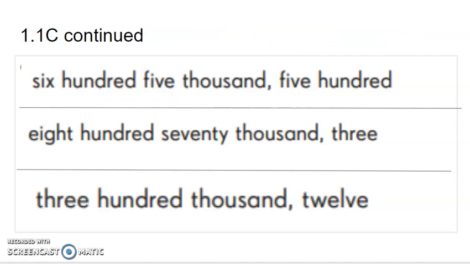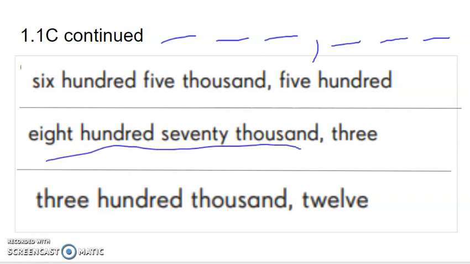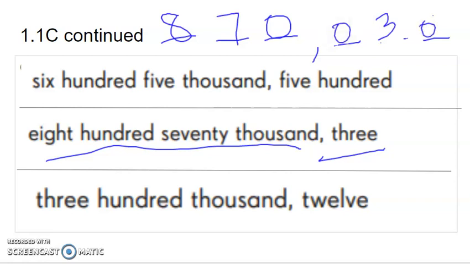Let's do the next one. 870,003. All right, again, I'm going to draw my line so I don't miss any digits. 870,000. It's going to go in front. Now 3. Well, if I just put the 3 here, then I have to fill zeros in there, and that's 300, which isn't what I want. If I put it in the middle, well, then that's 30.